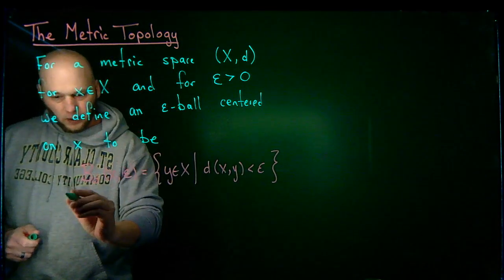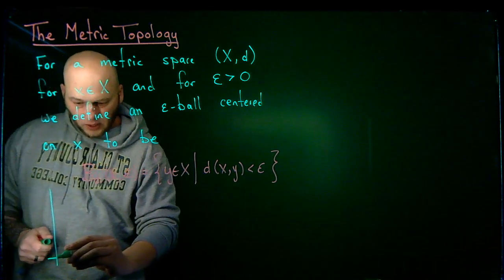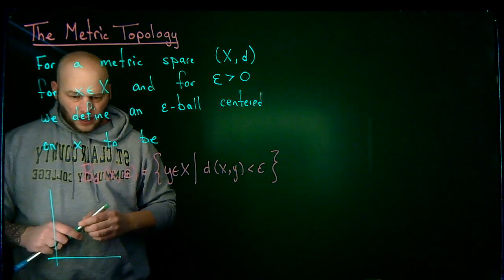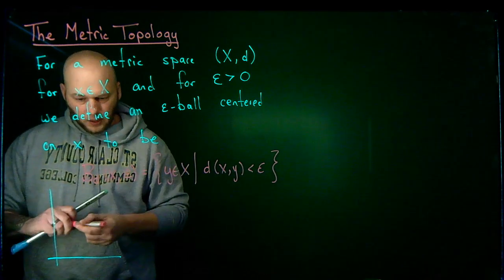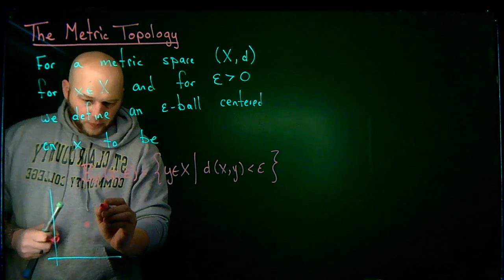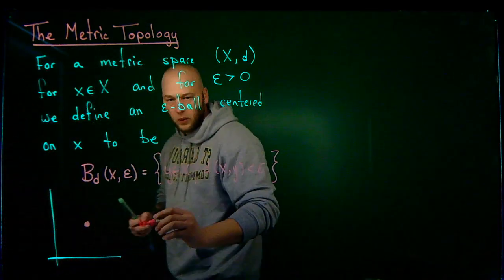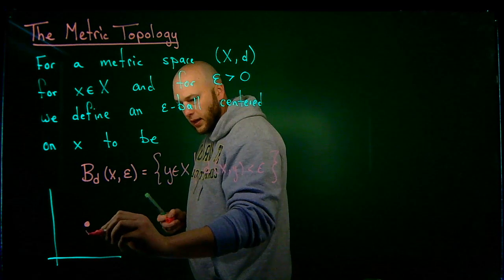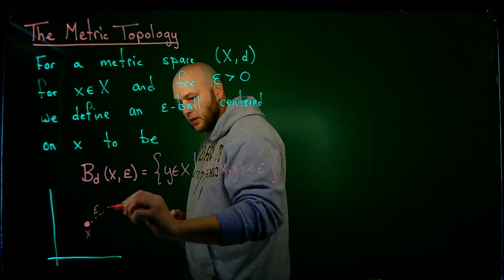To visualize an example, let's say in R^2, my center point is here, and my value of epsilon, which we imagine as a radius, is this.